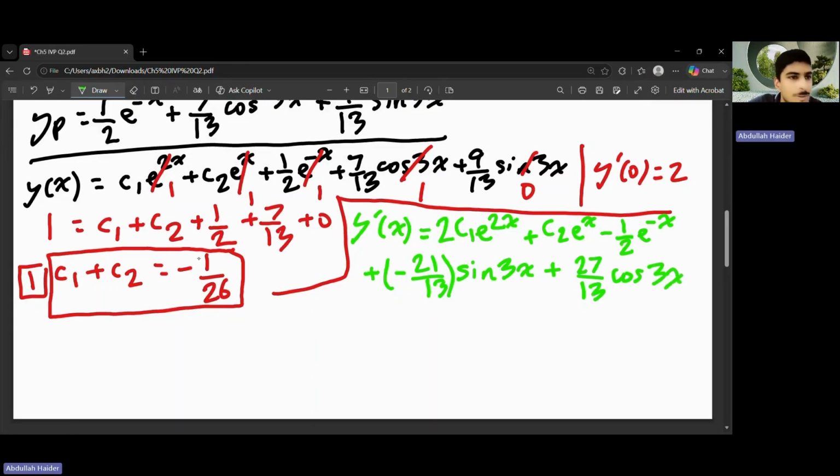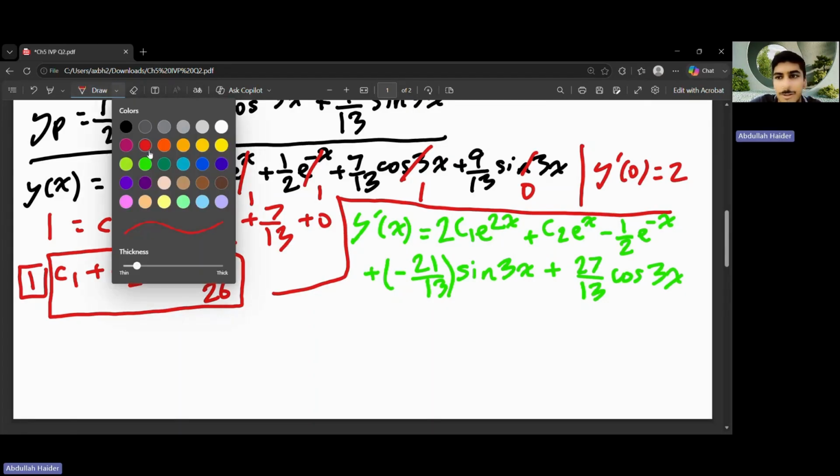So now you can substitute your initial condition, which is y prime 0 is equal to 2.